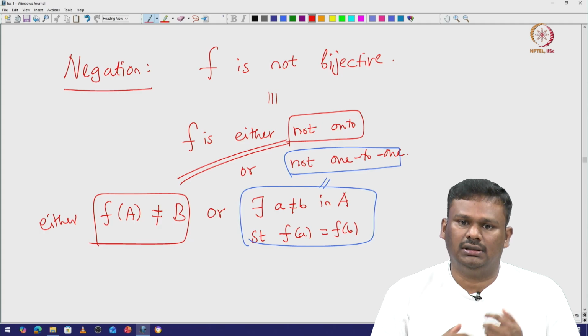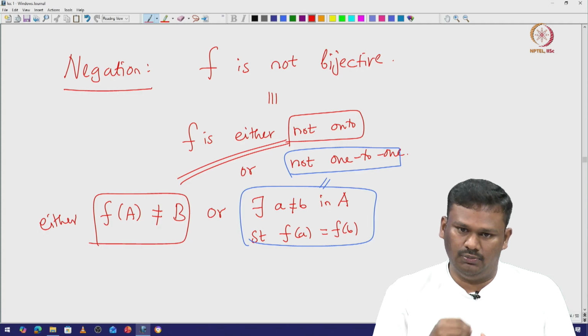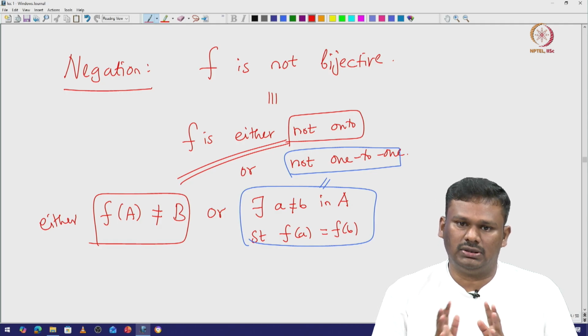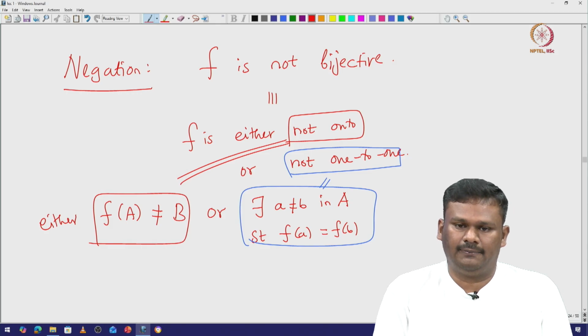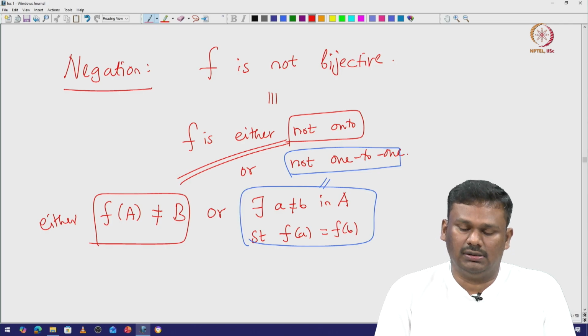Otherwise, you struggle a lot in writing proofs. If you want to improve writing proofs, then you should start writing down negations in a more rigorous way. Okay, I will stop here, and we will discuss various special functions in the next class.